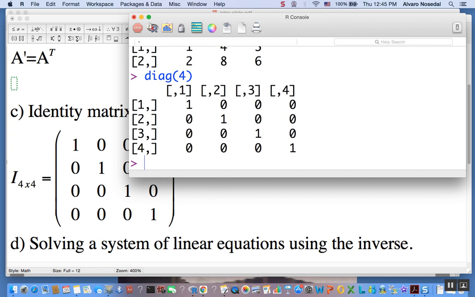There we are. Great. So we have already talked a little bit about the inverse, how it's defined, notation, the transpose, and now the identity matrix.